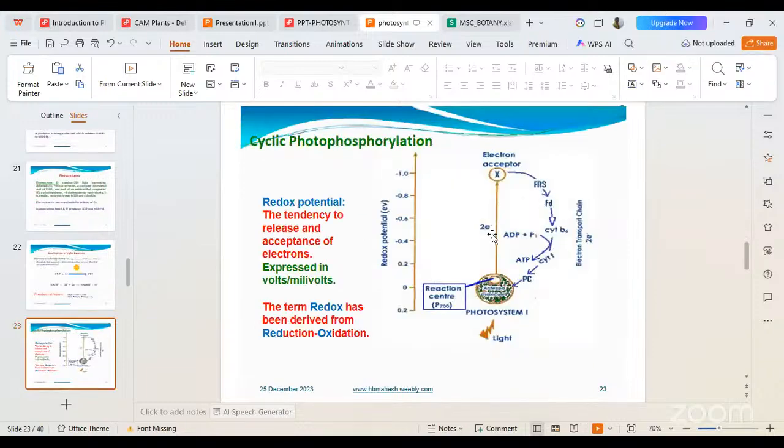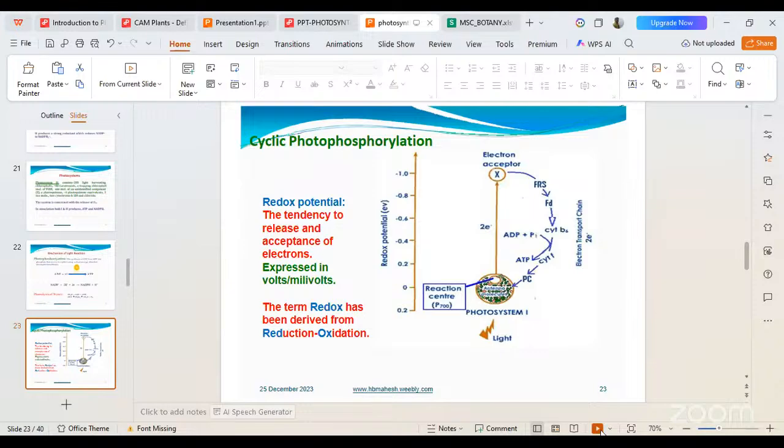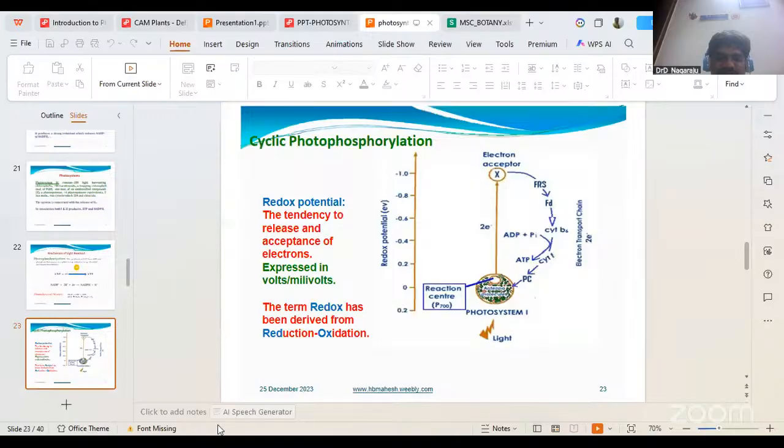In photophosphorylation, two cycles are there: cyclic and non-cyclic. Cyclic means if it starts from the reaction center, suppose P700, the electron goes again to the same place. Where it started, there it ends.